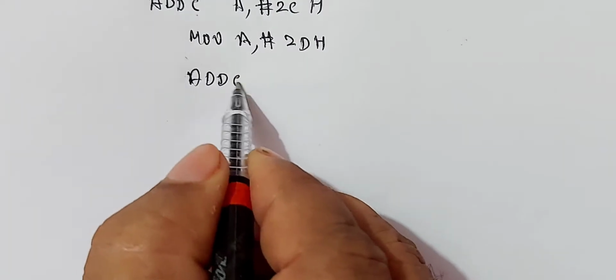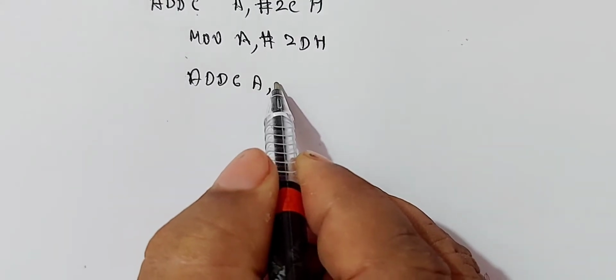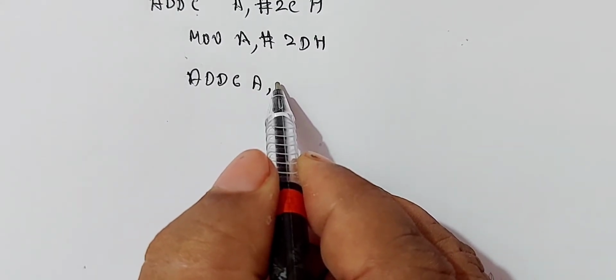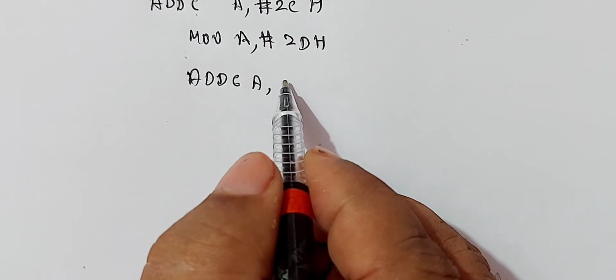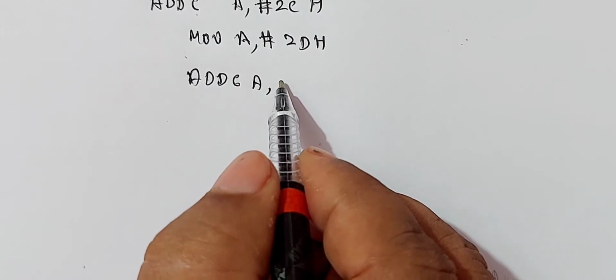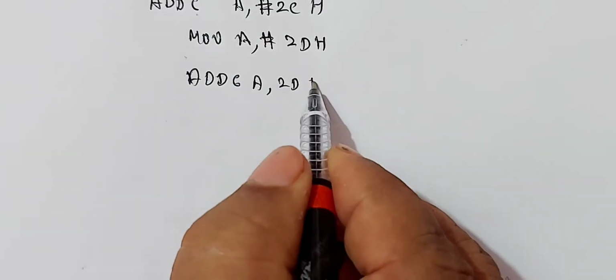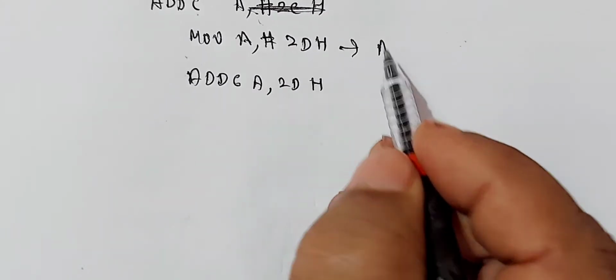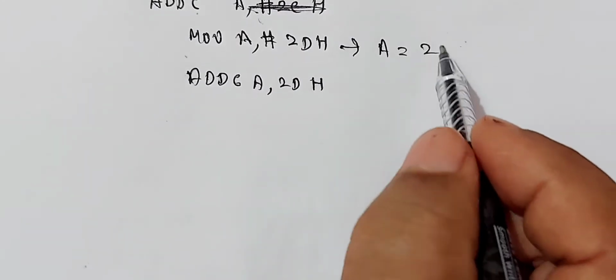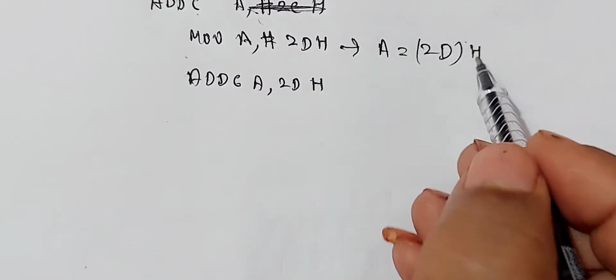Then I will write ADDC A comma. Here in the first case, 2D is stored in A. Therefore, now A contains the hexadecimal value 2DH.